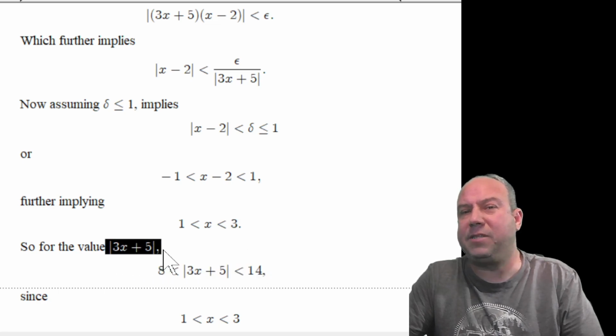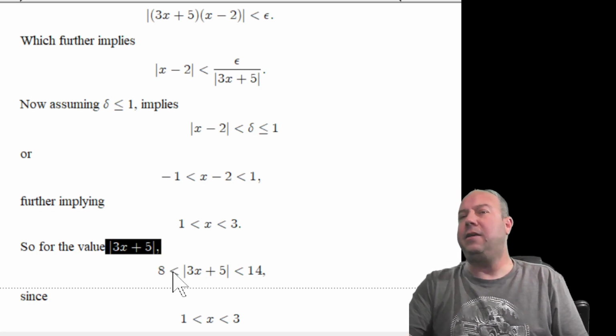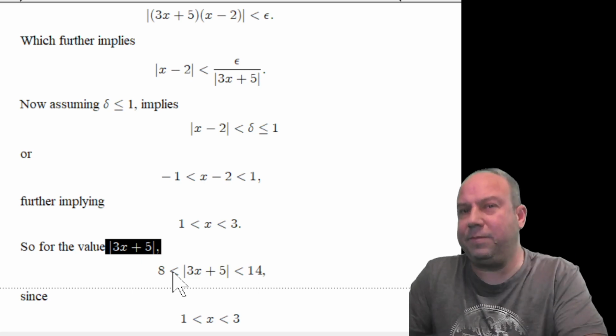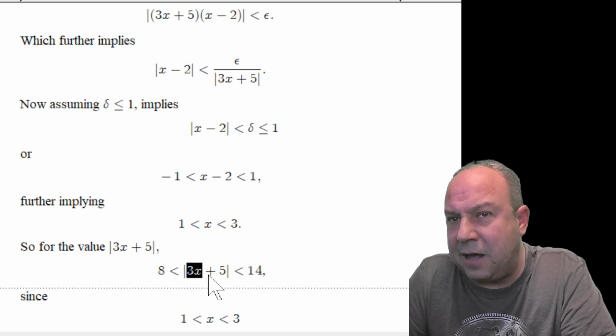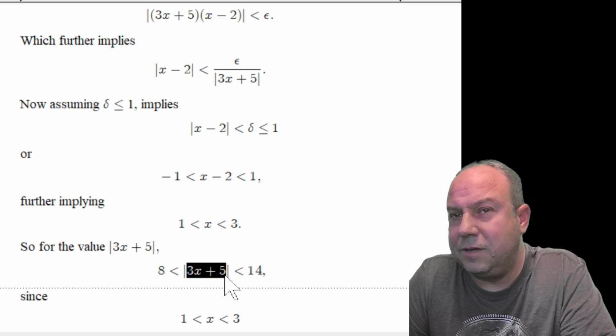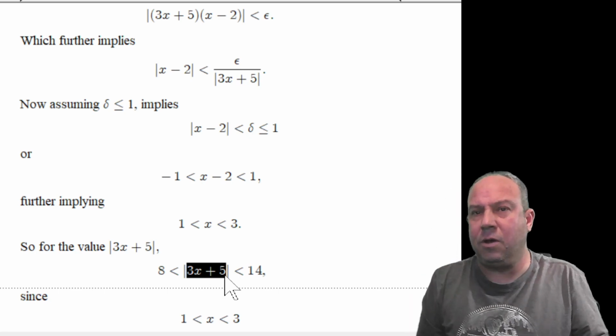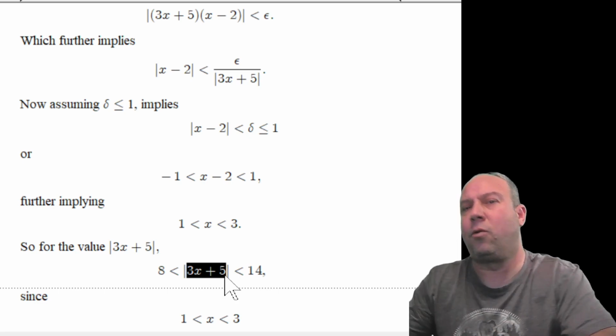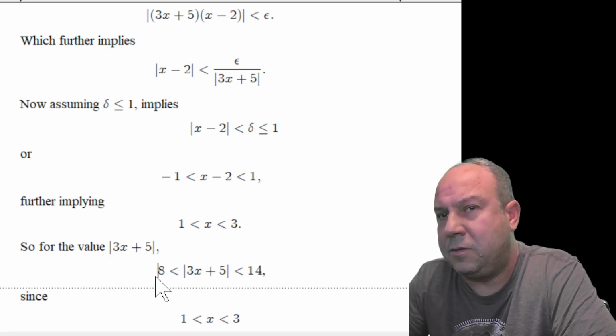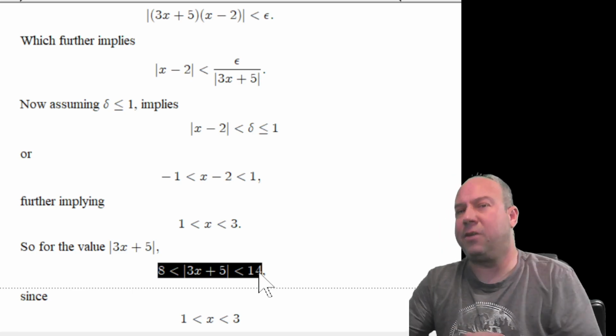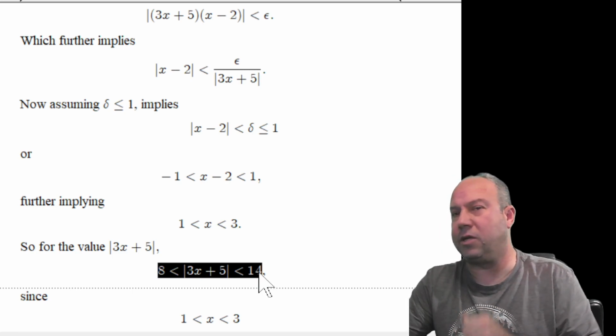So for the absolute value of that quantity, right, if the non-absolute value is stuck between 8 and 14, well, its absolute value will also be stuck between 8 and 14, and we can conclude this for the absolute value, that it in turn is also stuck between 8 and 14.